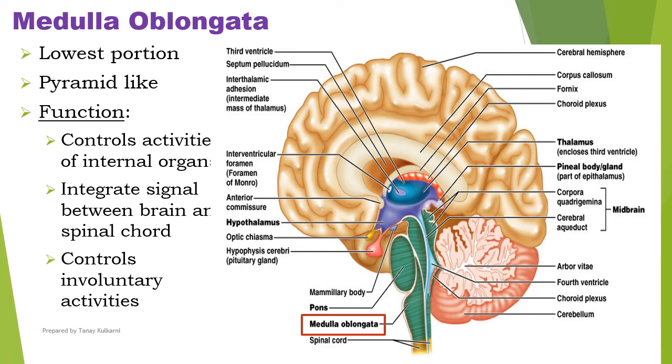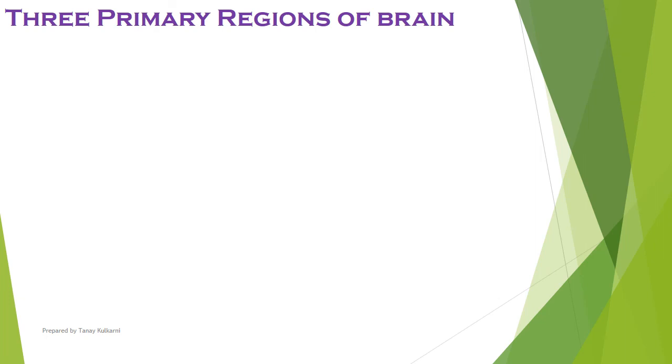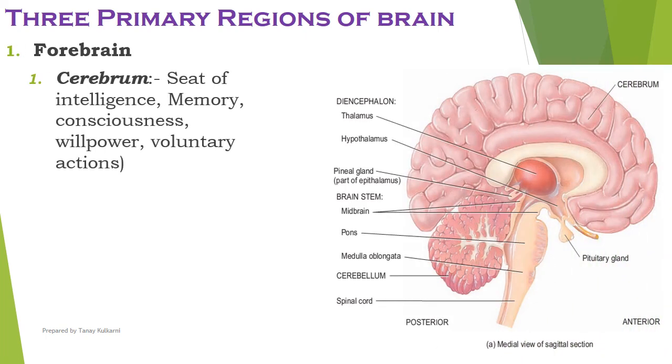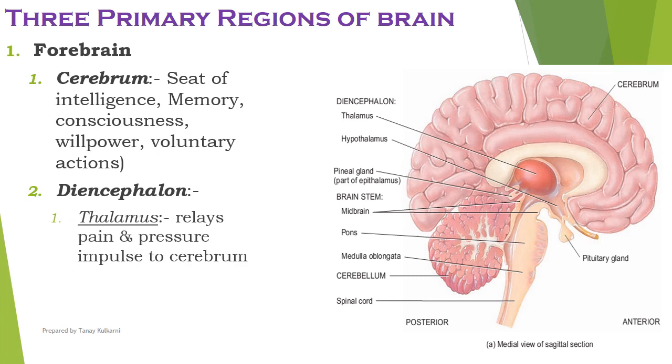For the proper understanding of the brain, we divide the brain into three primary regions. Number one is forebrain. It includes cerebrum and diencephalon. This cerebrum is the seat of intelligence, memory, consciousness, willpower and voluntary actions. We already discussed. Diencephalon consists of thalamus.